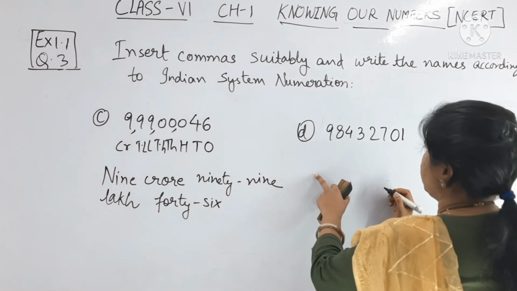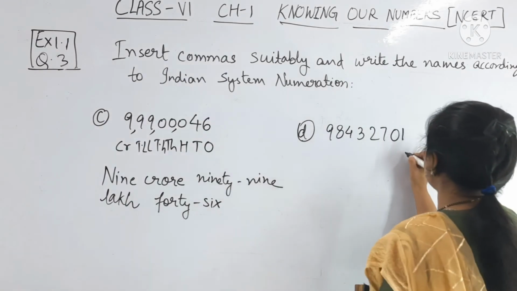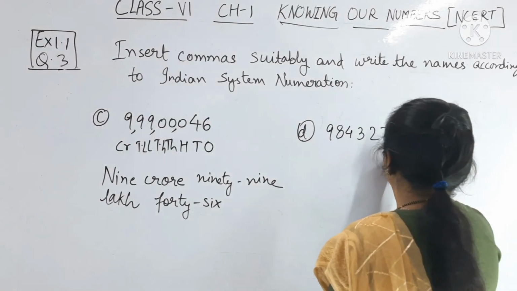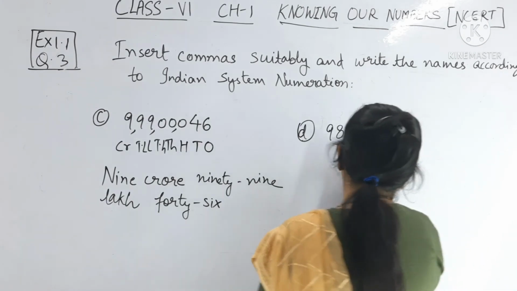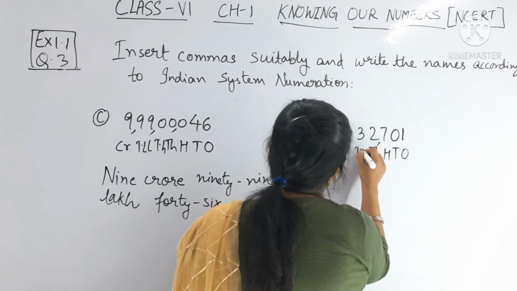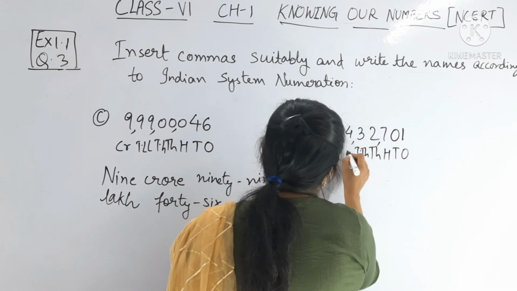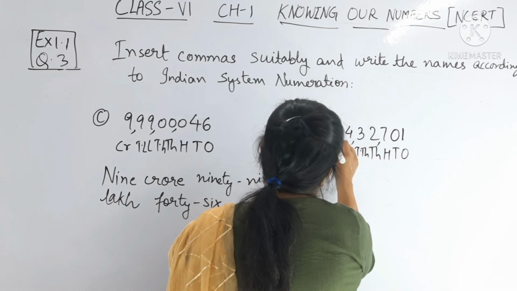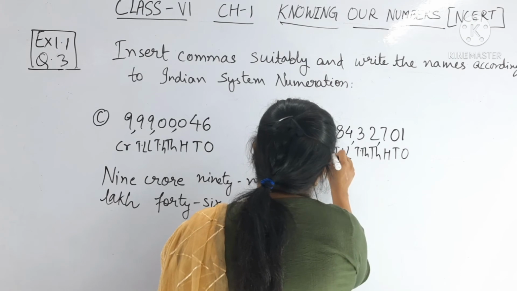Now come to the D part. Here also the same, ones, tens, hundreds, put comma here, then thousand, 10,000, lakh, 10 lakh, again comma, then crore.